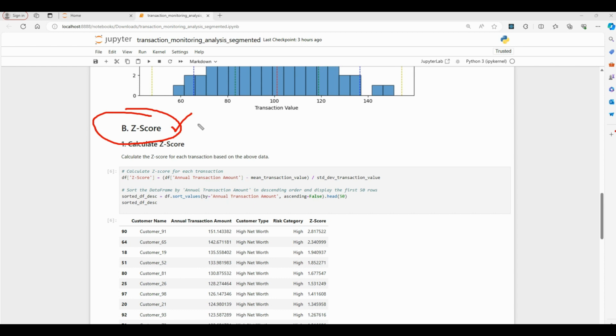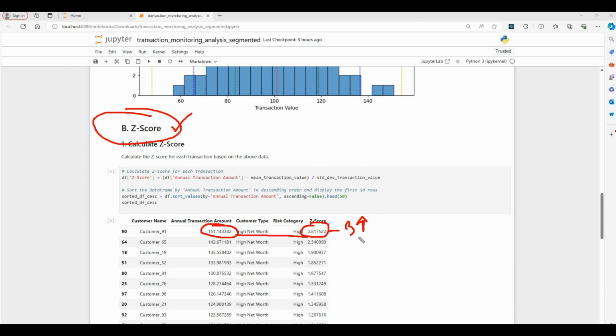In the context of monitoring transactions for suspicious activity, the Z score helps identify transactions that deviate significantly from the average, which could indicate potential anomalies or risks. From our previous discussion, we have identified that the upper limit of the transaction is 151 USD and its Z score comes to around 2.8, or around 3.